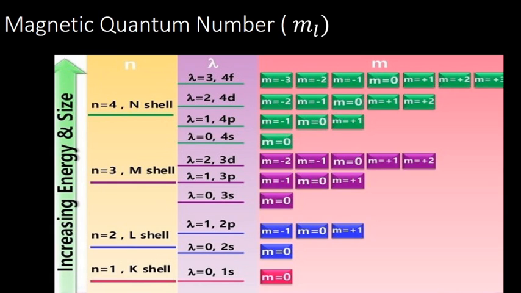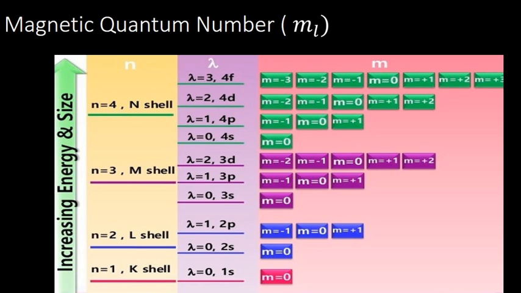This may also confuse you, so you can leave it. If you look at the diagram and understand, it will be easy. When n is 1, for l there is only one value, 0, and one m value. When n is 2, l has 2 values, 0 and 1. For 0 there is only one m value, and for 1 we get -1, 0, +1.